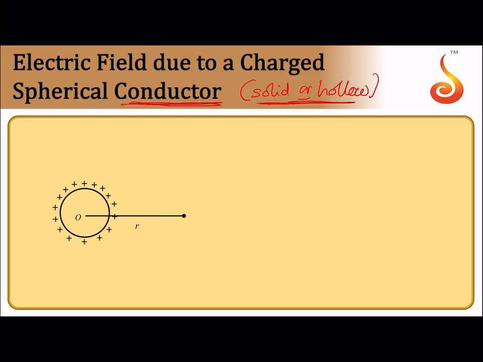Now we have got a spherical conductor and the charges are sprayed on that spherical conductor, and these charges get distributed uniformly on the surface of the conductor. Assume that the radius of this sphere is r, and we are interested in finding the electric field at a distance r outside the conductor, then at a point here on the surface, and third at a point inside also.